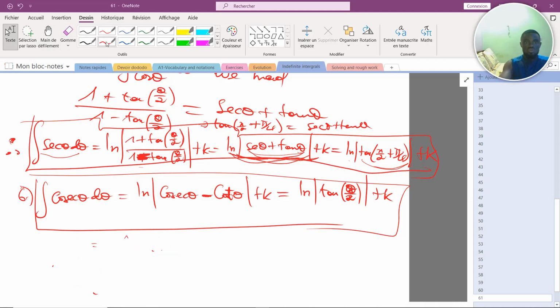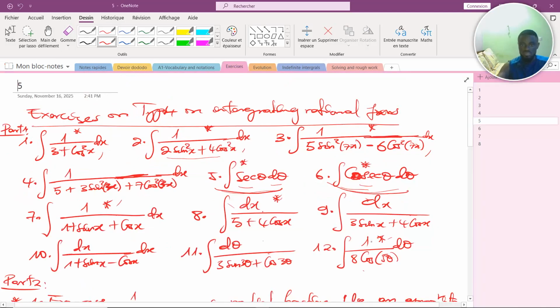I'll also give you a hint on this other one. I want you to do this exercise also. I'll not do them because they will take me a lot of time. You'll do this, and you will do this last one.